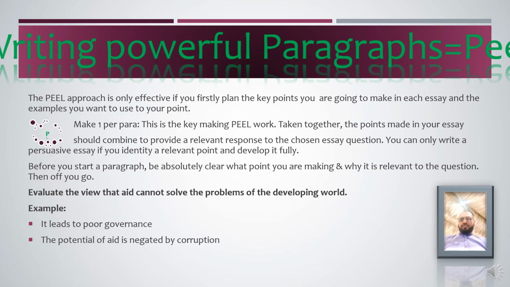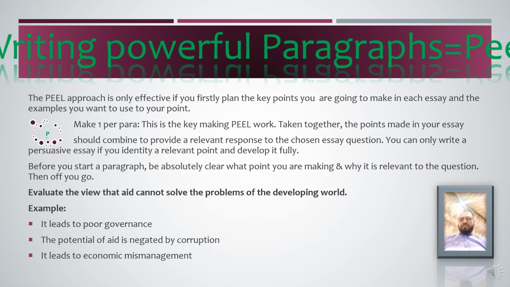Then another point can be pertaining to this question: the potential of aid is negated by corruption. Corruption is there, especially in third world countries, because of poverty, because of illiteracy, and there are many reasons for it, right? So this corruption in the developing country will negate the aid. It will negate that aid provided by the developed country will help to get rid of the poverty trap and prosper, right?